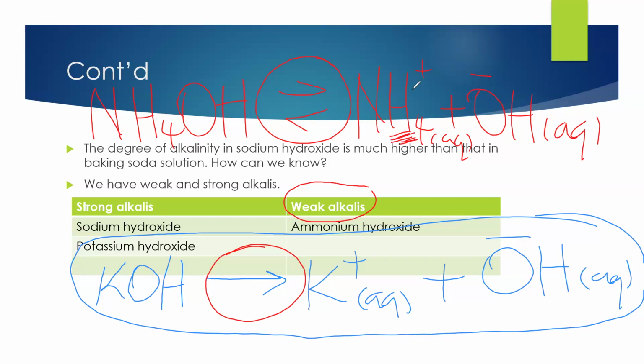Therefore, it has to have those double arrows. Then when you come to potassium hydroxide, you notice that there is no hydrogen on the K. So all the hydrogens went with the hydroxide part. That is why we use full arrows here and double arrows here. Are we on the same page up to that point?